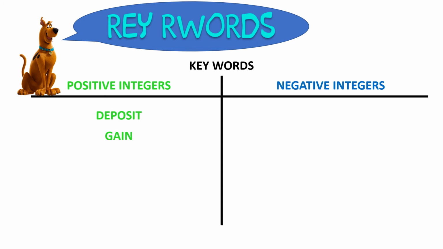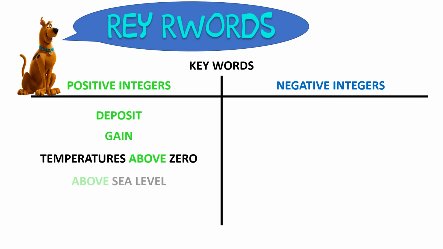Anytime you see the word gain, maybe we're talking about gaining yards in a football game or gaining pounds. Those are all things where we're going to be talking about a positive integer. Temperatures above 0. That means that those integers are positive. Above sea level, like we talked about in our previous example with Scooby-Doo and Shaggy going up into the sky, that would be positive. Earning money. Anytime you see the word earn, we're talking about a positive integer.